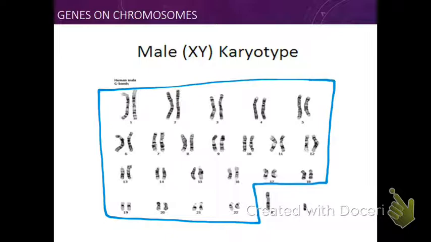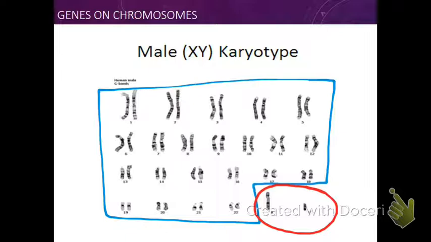Up above autosomes on your notes, put numbers 1 through 22. And up above sex chromosomes, put the 23rd pair. Those are going to be your sex chromosomes. So that's where we get the XX or the XY.